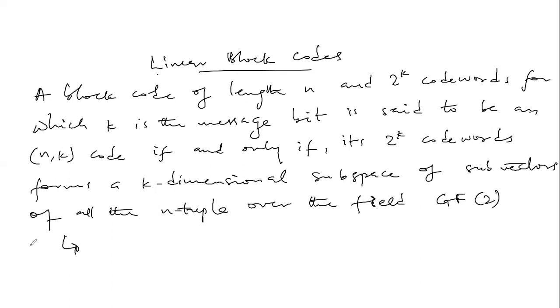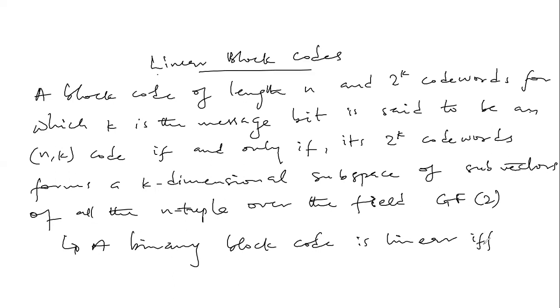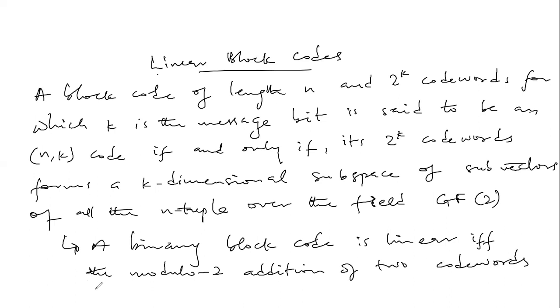So in other words, we can say that a binary block code is linear if and only if the modulo 2 addition of two code words is also a code word, which I just explained.